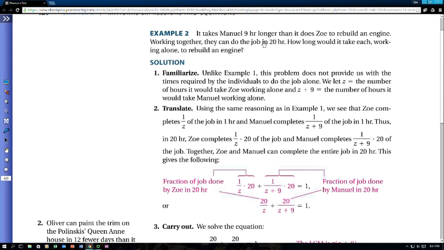If Zoe was 5, then Manuel would be 13. And if I put 5 in for Z here, I get 1/13 of the job, right? And so on. I'm doing a simpler problem by throwing some numbers at it and saying what would happen, so we understand how this work principle works. Okay? Well, with this I can get fractions of 1 over Z and 1 over Z plus 9.